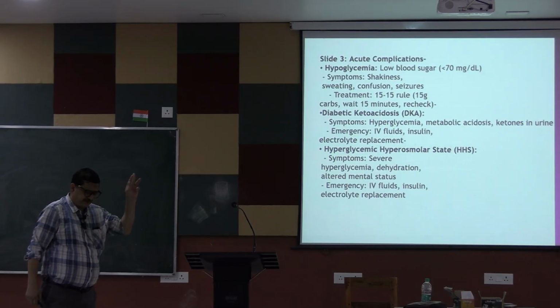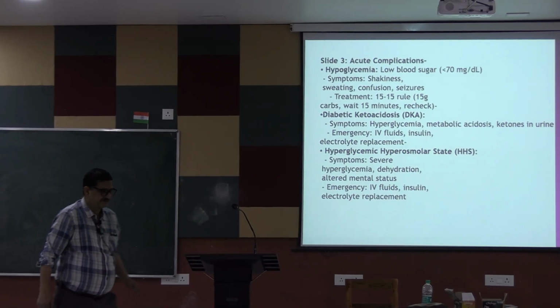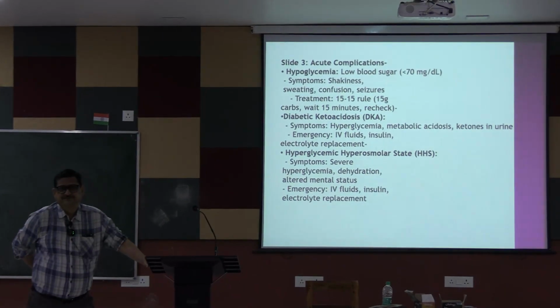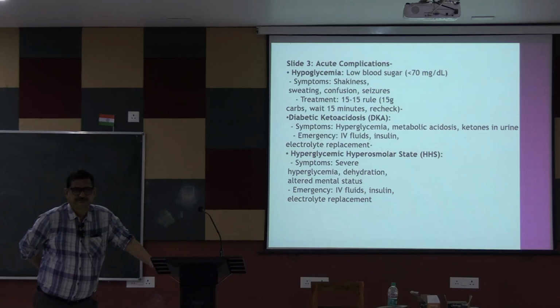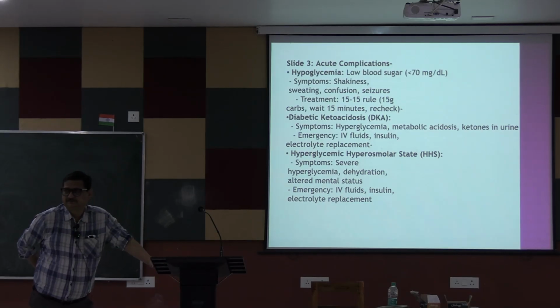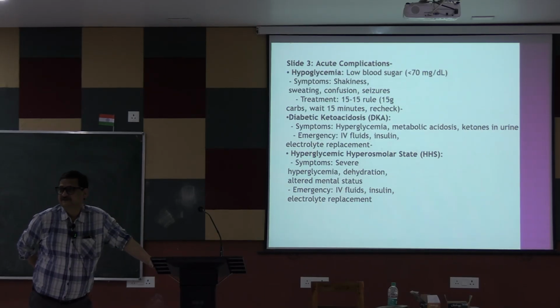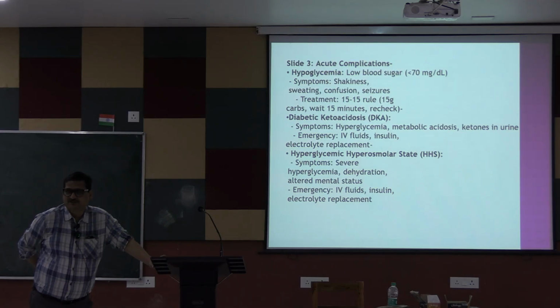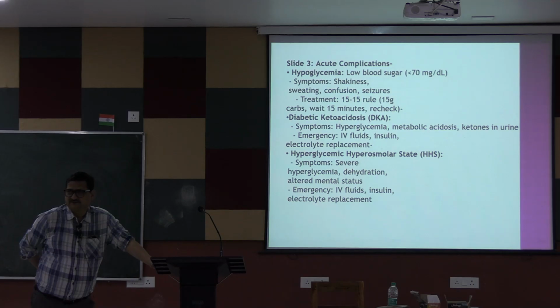Now, this blood sugar, we measure from where? Blood glucose from where? Capillary, tissue, venous or artery? Venous, yes.